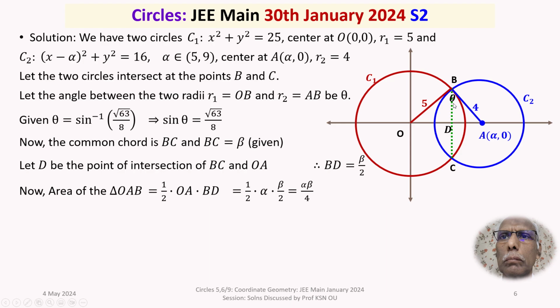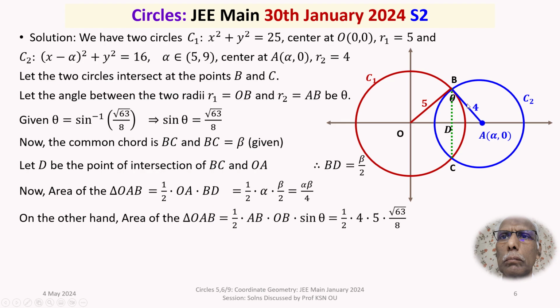And we know this is a standard formula. So, area of triangle OAB is equal to half of AB multiplied by OB multiplied by sine of the angle between them. Sine theta is given for that reason only. So, 1 by 2, AB is 4, OB is 5, into root of 63 by 8.